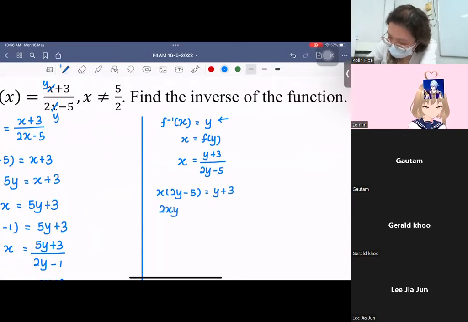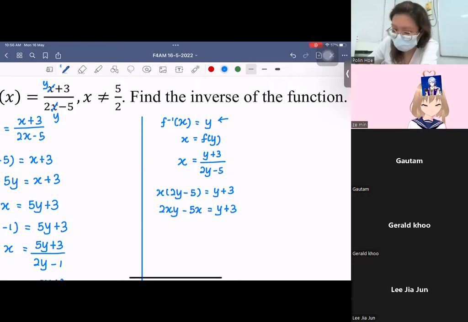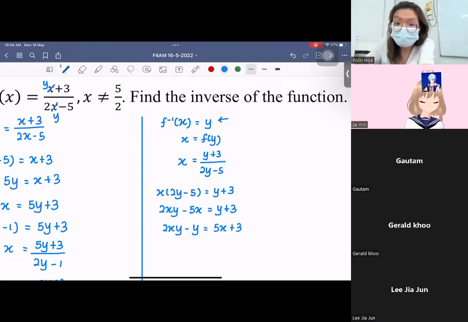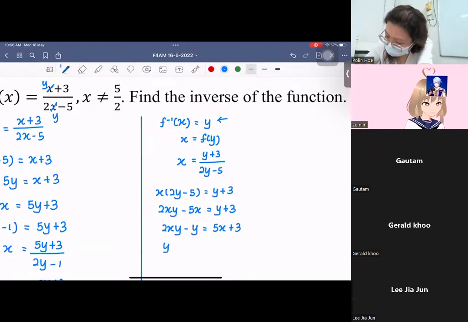2xy minus 5x equals y plus 3. What do I want? I want to know y, so I move everything with y to the left-hand side. And then I factorize out 2x minus 1.